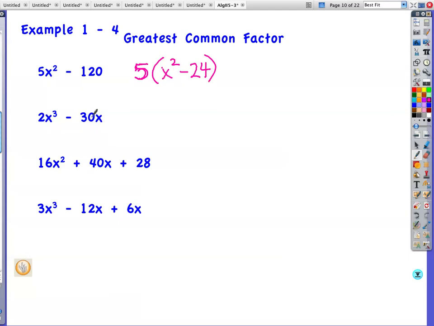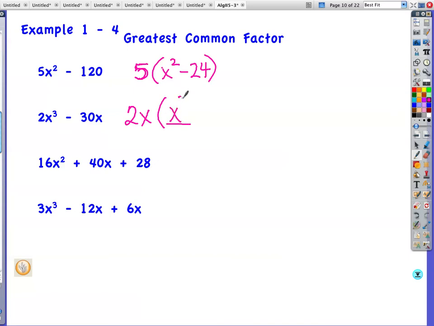All right, what do 2x cubed and 30x share in common? Well, they both have an even number, so 2 is going to come out of both, and they both have x's. We've done this before, so I don't have to go into as much detail as Algebra 1. So hopefully this is review. If not, make sure you're asking questions in class. So 2x is pulled out of both terms. 2x times what gives you 2x cubed?